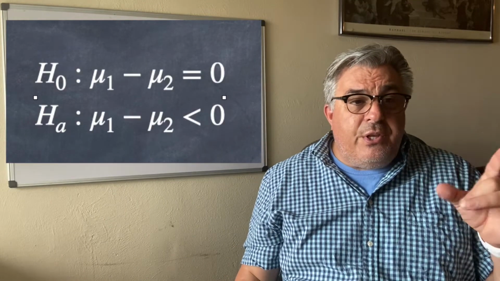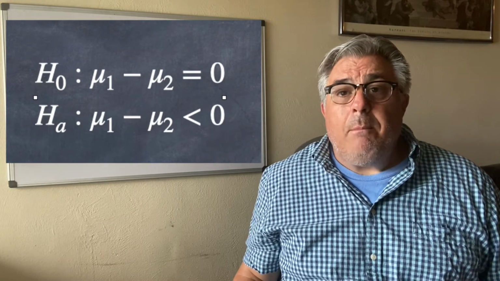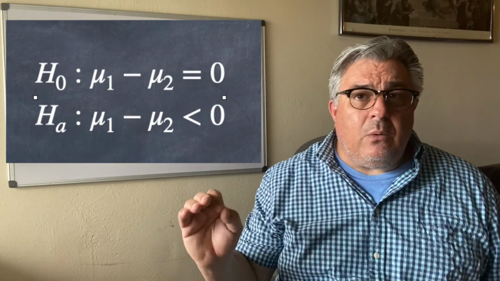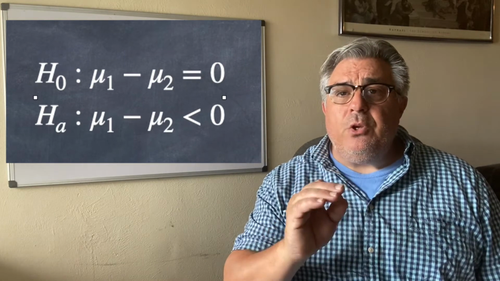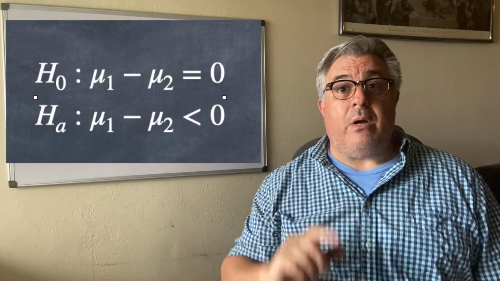All right, so that is a way of writing the null and the alternative hypothesis regarding an initial thought. But notice one of the things we can do is bring the mu2's over to the other side. This gives us our null in the form of mu1 minus mu2 is equal to 0, and then mu1 minus mu2 is less than 0.